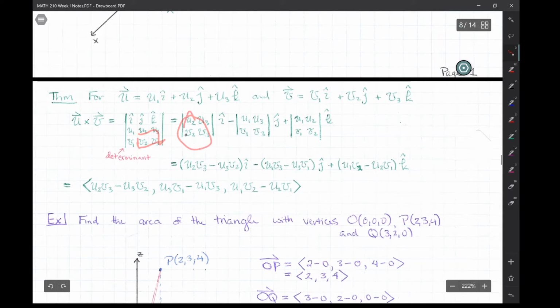Well, that's the same square that you get over here, and then we're taking the determinant of this. Now, how do you take the determinant of a 2x2 matrix? Well, that one's easier. You just multiply the diagonals, so you'll have u2 times v3 minus u3 times v2.